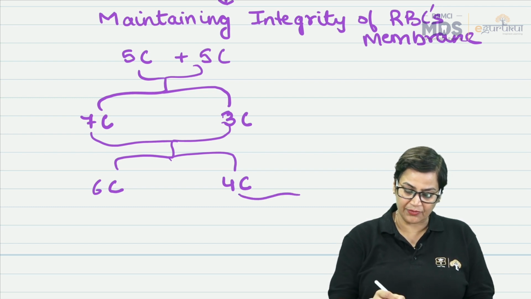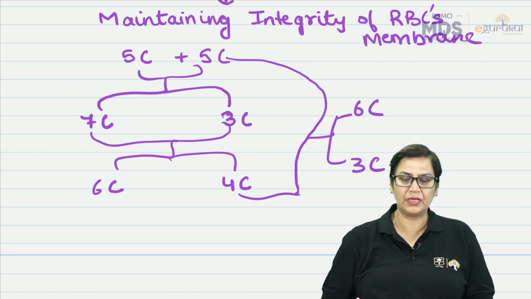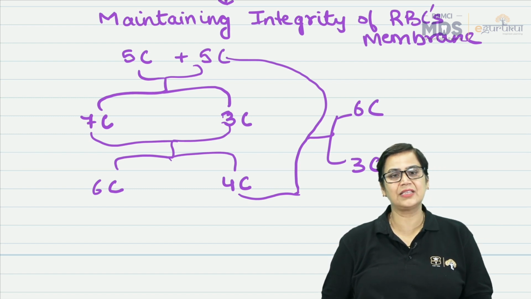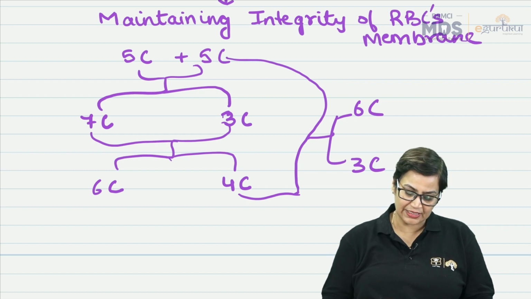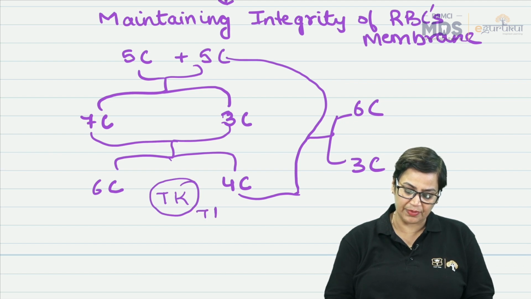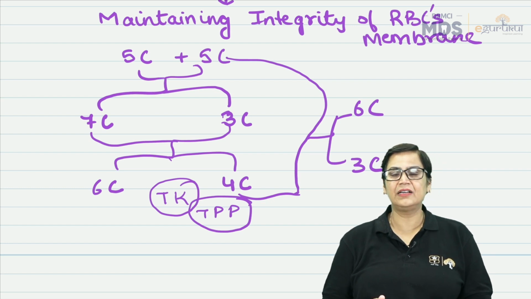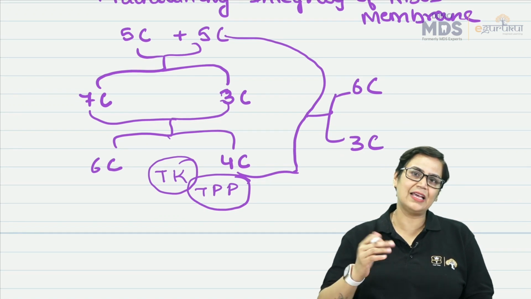And this 4 carbon atom will again combine with 5 carbon atom to form 6 carbon atom and 3 carbon compound. So here 2 transketolase reactions are there and 1 transaldolase reaction is there. But whenever we talk about transketolase, it will always require TPP. So this is the third very important reaction catalyzed by TPP, again as a coenzyme.